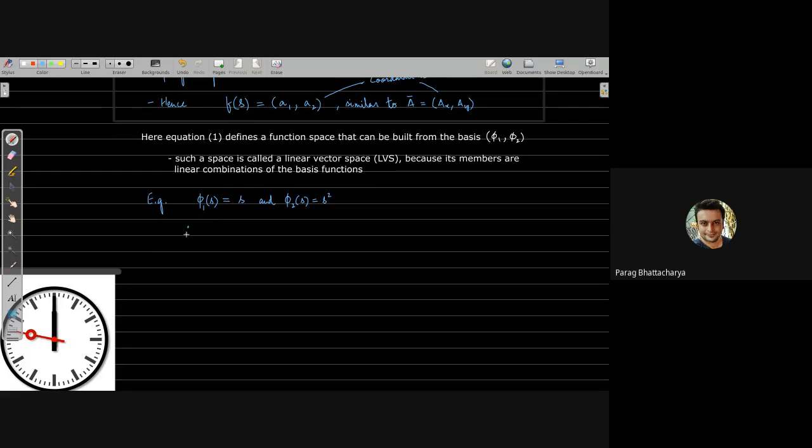Let's say the first function f1 of s is equal to minus 3s plus 7 by 5 s square.